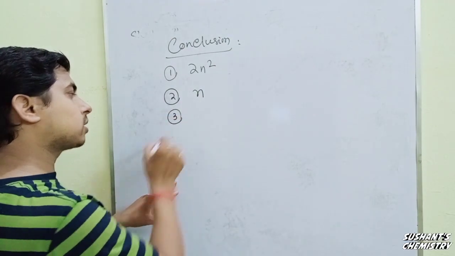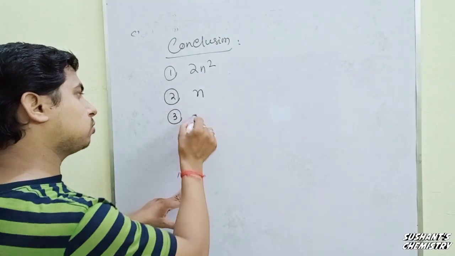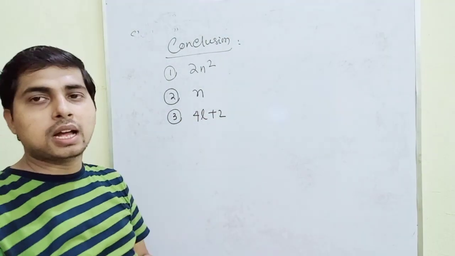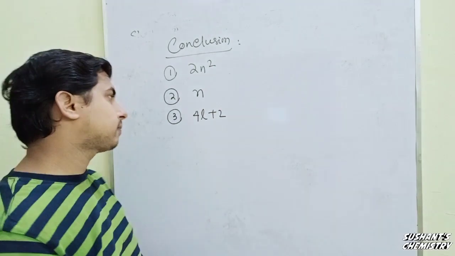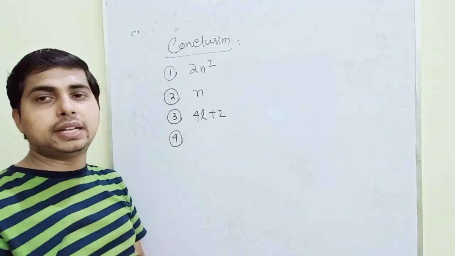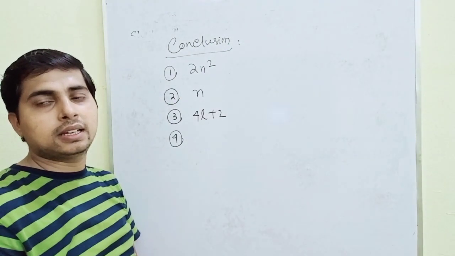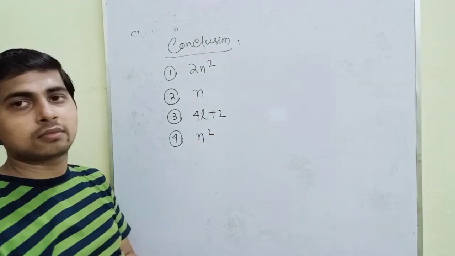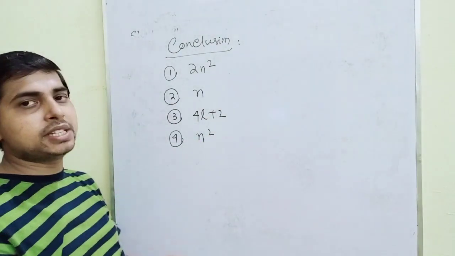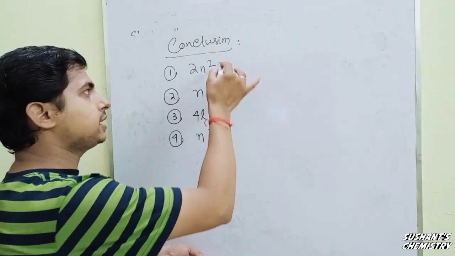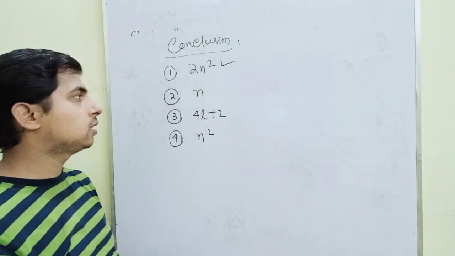Number 3. Number of electrons in a subcell equals 4l plus 2 rule. L is called the azimuthal quantum number. Number 4. Number of orbitals in a main cell equals n square. I am repeating. This principle helps to calculate the maximum number of electrons in a main cell according to the 2n square rule.